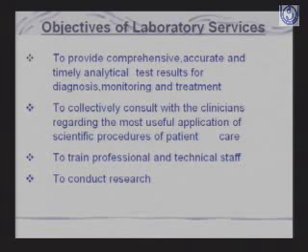So with this background, let us see what are the objectives of laboratory services. First and foremost, to provide comprehensive, accurate, and timely analytical test results for diagnosis, monitoring, and treatment. This may be the most important objective of your laboratory services. Second, to consult with the clinicians regarding the most useful application of scientific procedures for patient care.